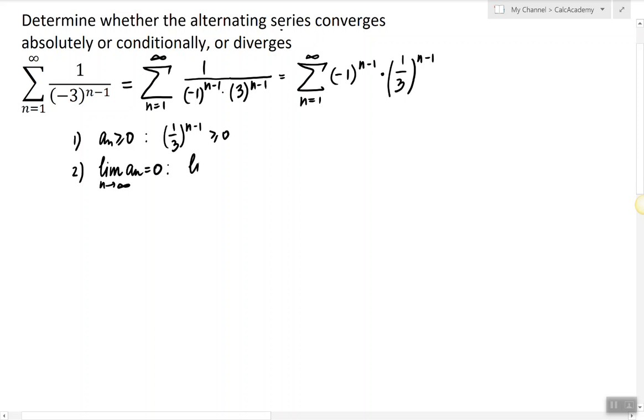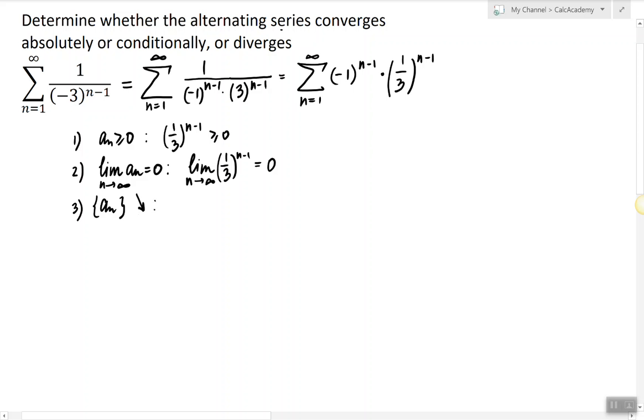So in our case, we have the base less than 1 raised to the power infinity, which is of course equal to 0. And the third condition is that the sequence made of the terms of the series must be decreasing.